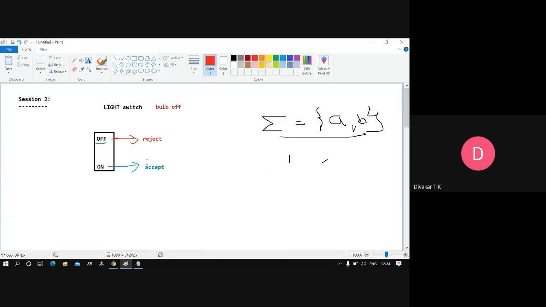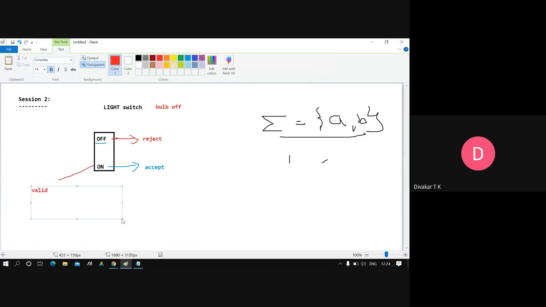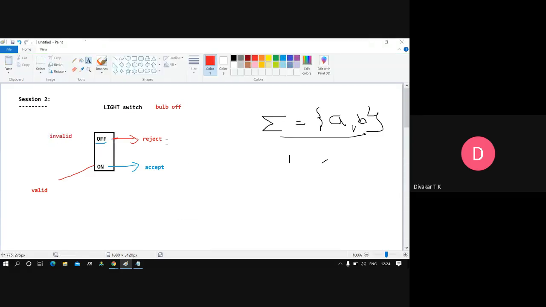We are talking about valid and invalid. If it is valid, it will be on and accepted. If it is invalid, it will be rejected. Got the clarity here?